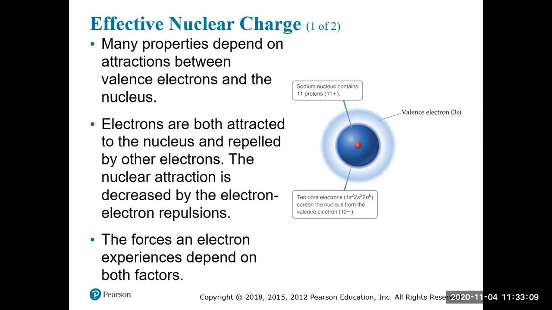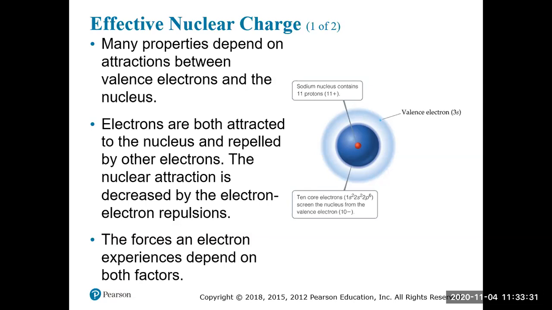So we have that region of valence electrons, we have the core electrons, we have the nucleus. Remember, the nucleus is positively charged, the electrons are negatively charged. We've talked about this before, but opposites attract. So you've got an attraction there between those electrons and the protons.